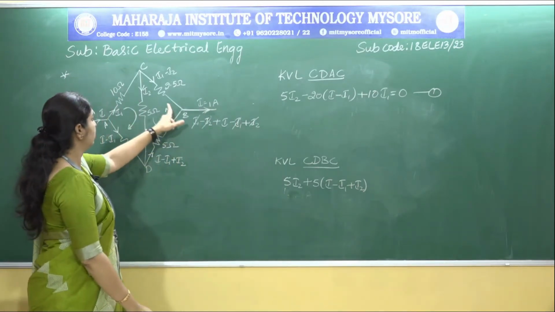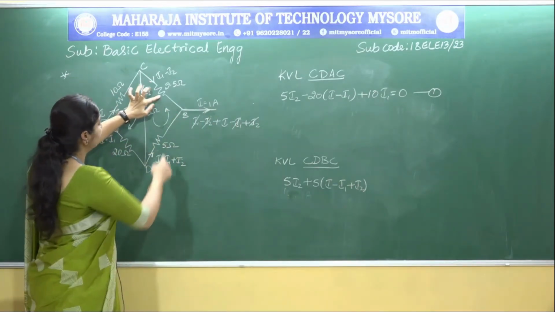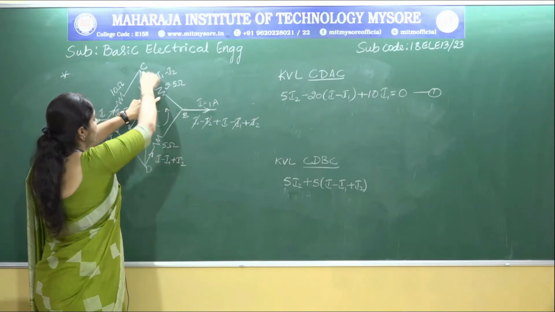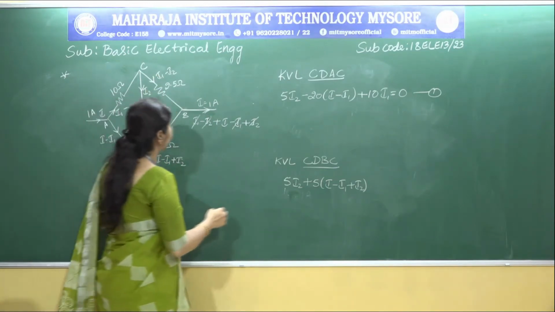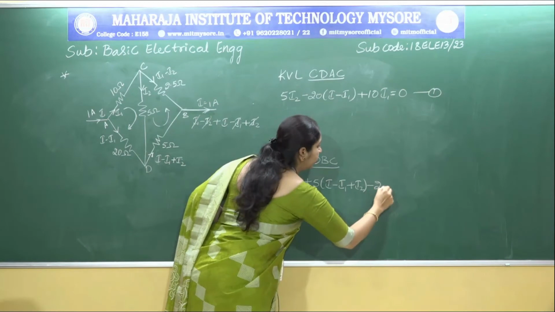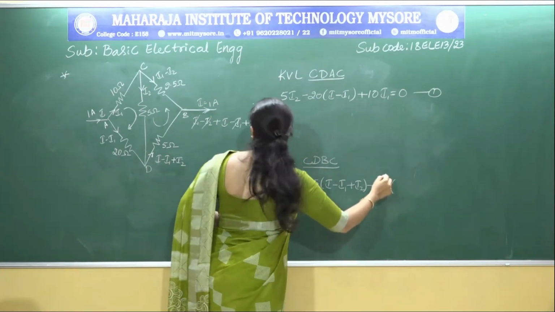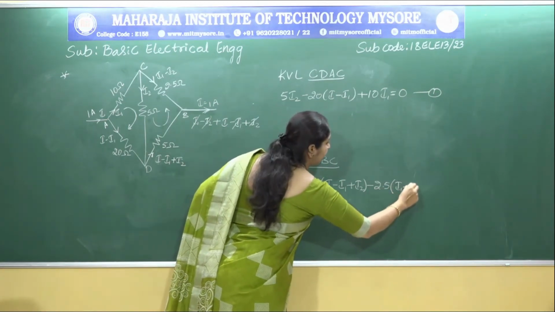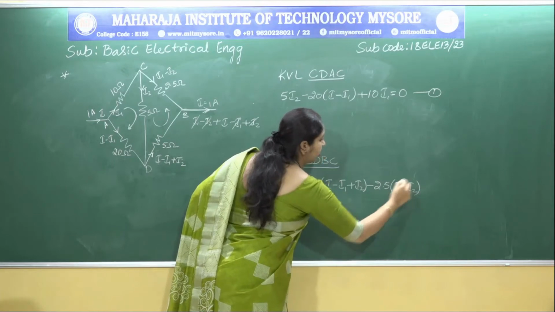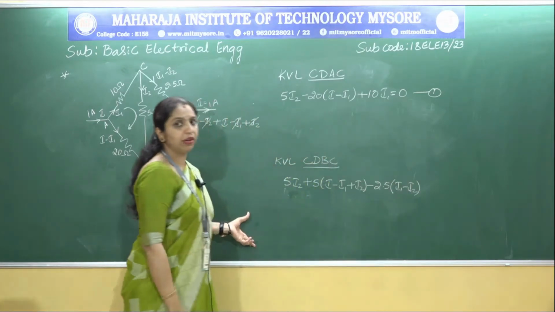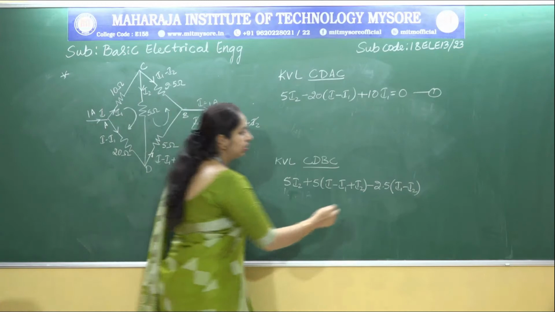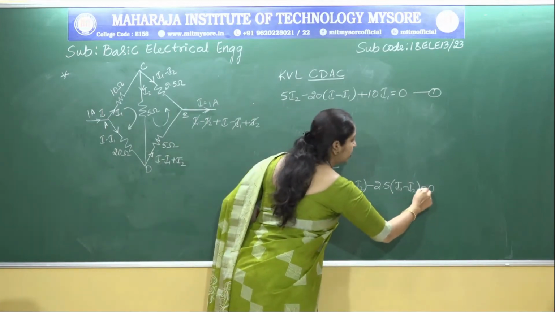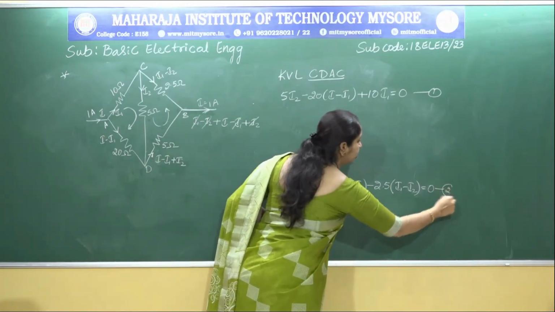Now, what about this point? This direction is opposite to this direction, so we have minus 2.5 into I1 minus I2. You have to be careful while substituting all these values. This is equal to 0. Let us call this equation 2.